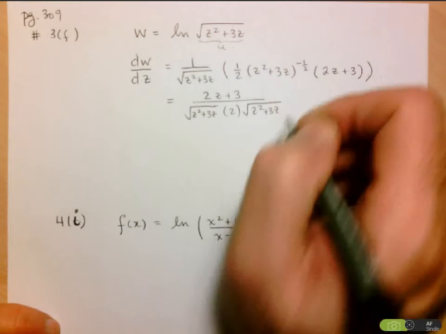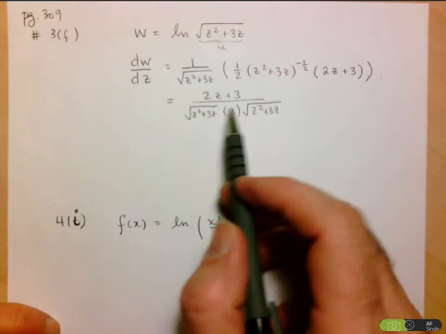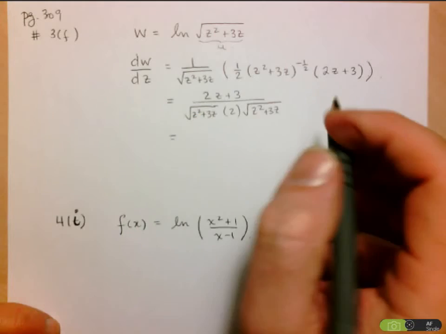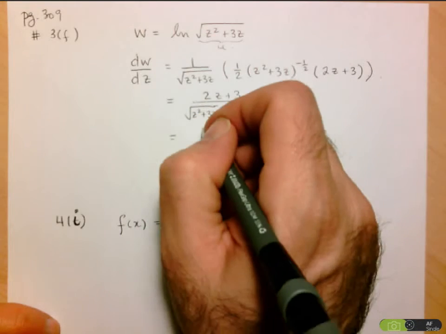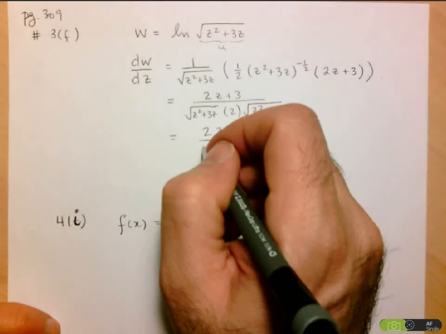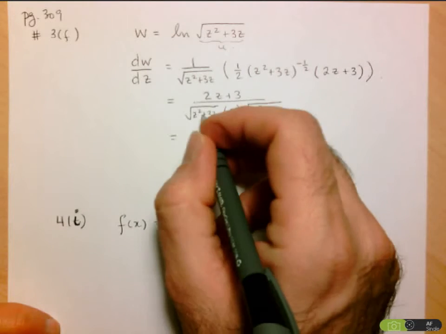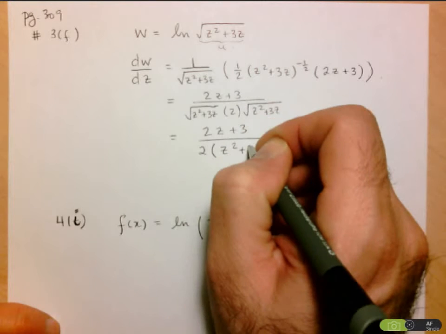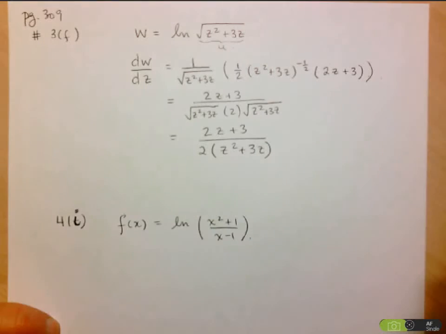We can do some more simplifying because these multiply nicely. In the end, we're left with 2z plus 3 in the numerator, and in the denominator 2 times this multiplication, which is just z squared plus 3z. So that's about as simple as we can get it.